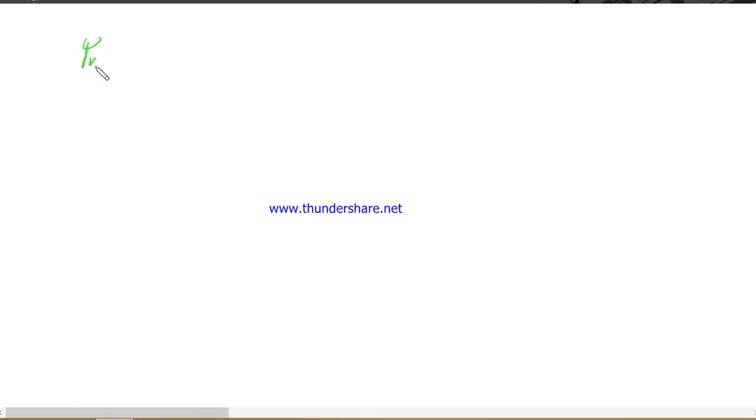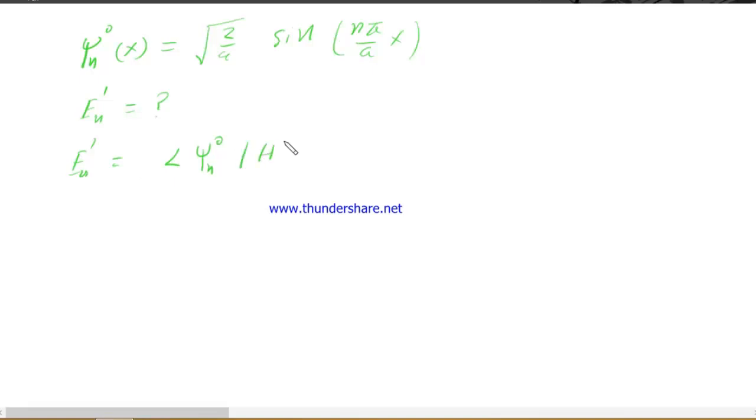This is the unperturbed case for one-dimensional situations, psi n equal to the square root of 2 divided by a, times sine of n pi x over a. So we will find the first order energy correction, which is simply the expectation value in the unperturbed states.